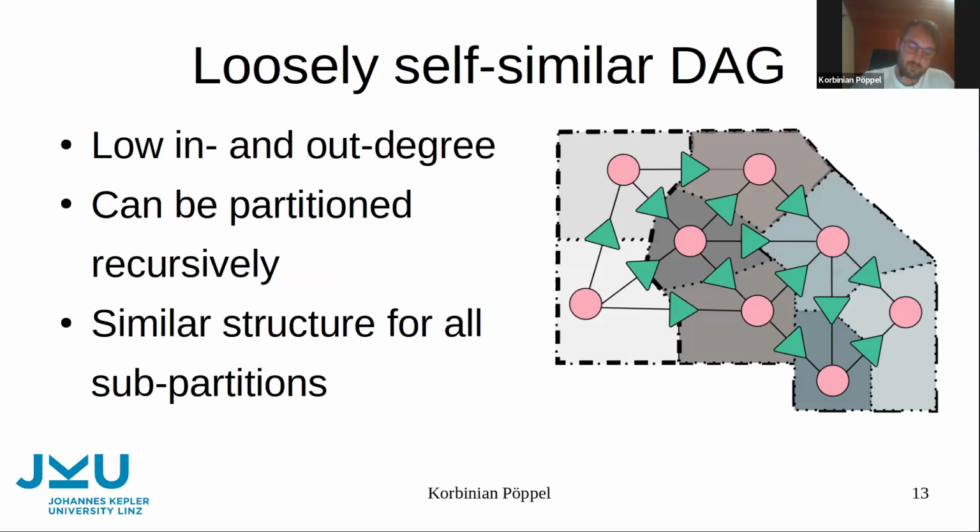So what you can do now, and I want to introduce here the notion of the loosely self-similar DAG. What we want to do essentially is use a divide and conquer approach to tackle this problem of these many paths, and partition our original graph into subgraphs.